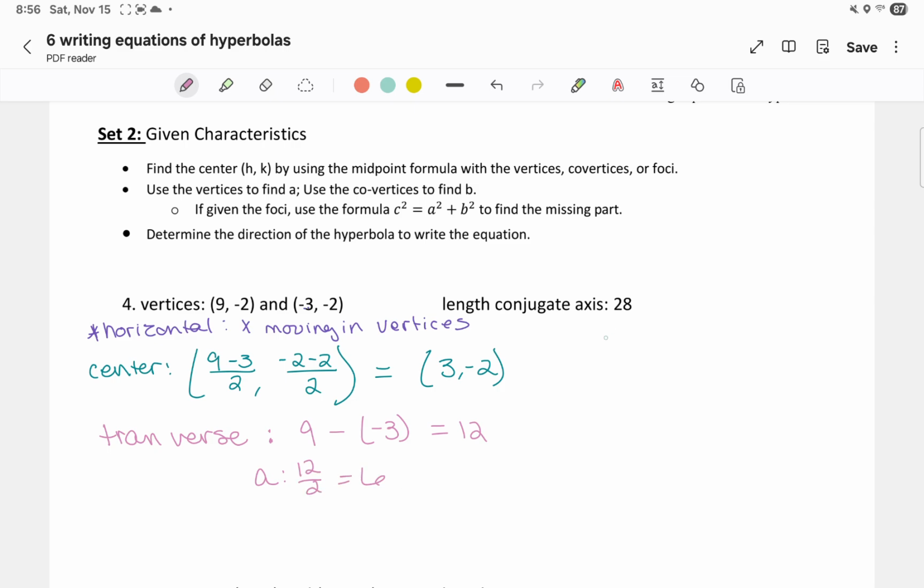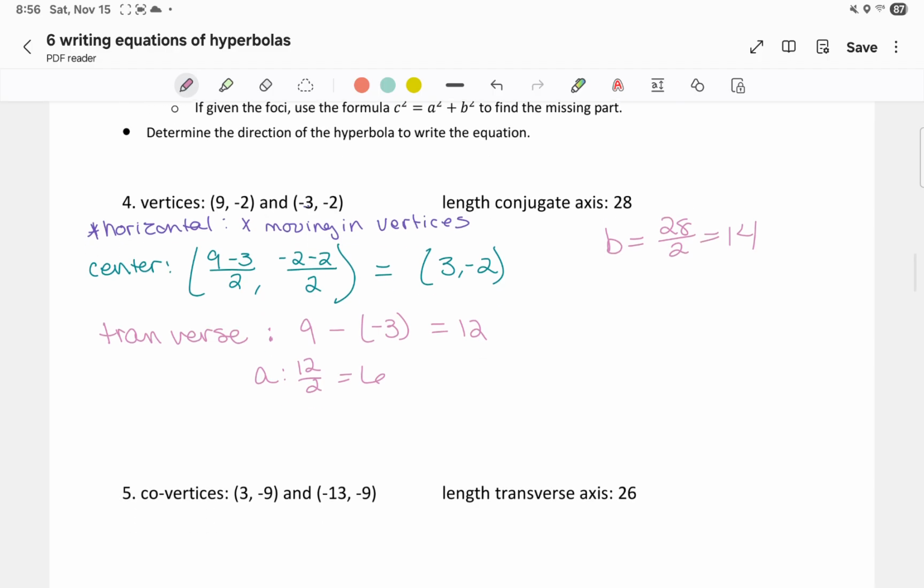And then B is going to be the length of that conjugate axis, which is 28 over 2, which is 14. So since we're horizontal, that A will come first. And we will have x minus the center's x squared over A squared minus y plus 2 squared over 196, and that equals 1.